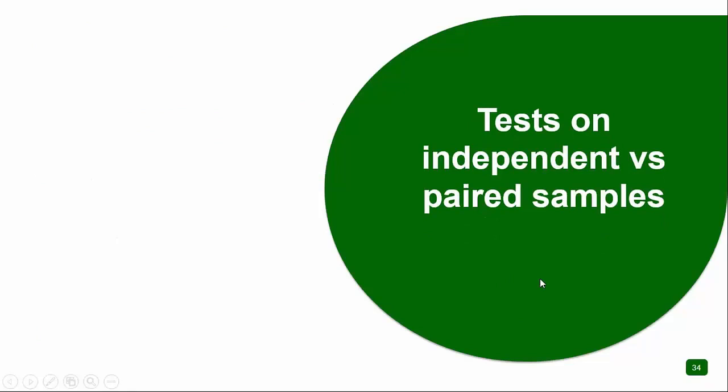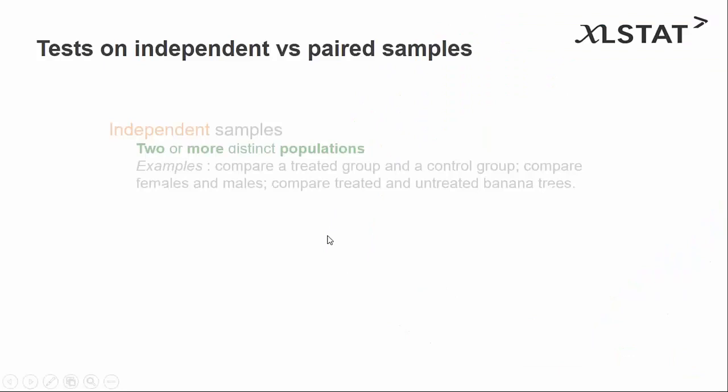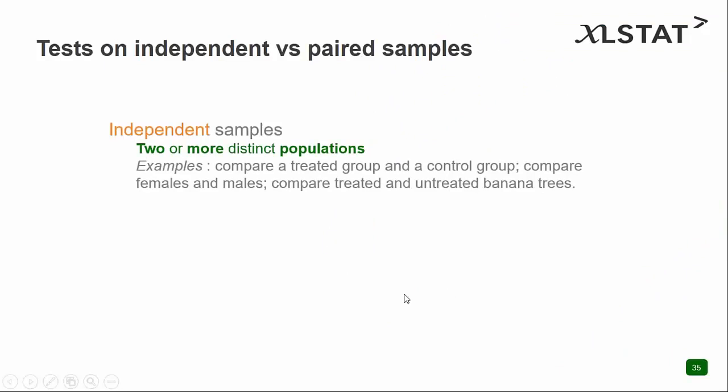The second opposition I wanted to tell you about is tests on independent samples versus tests on paired samples. It's all a matter of the number of populations that we are working on. In independent samples, we have 2 or more distinct populations.